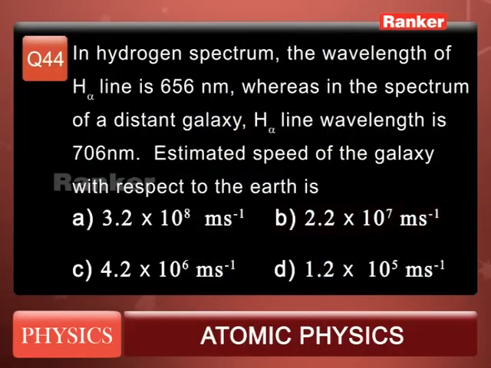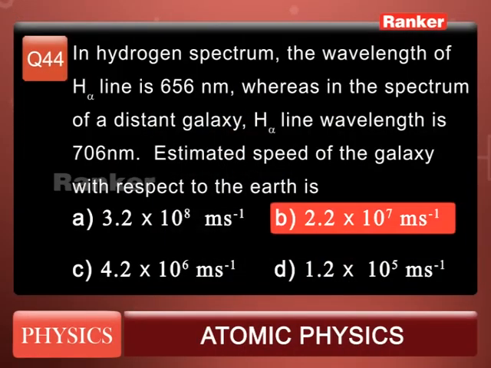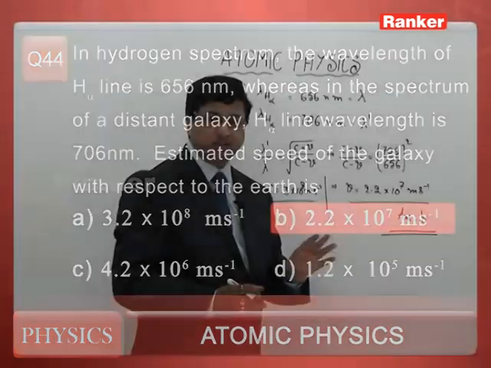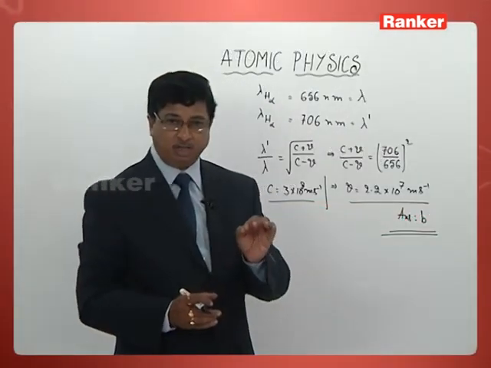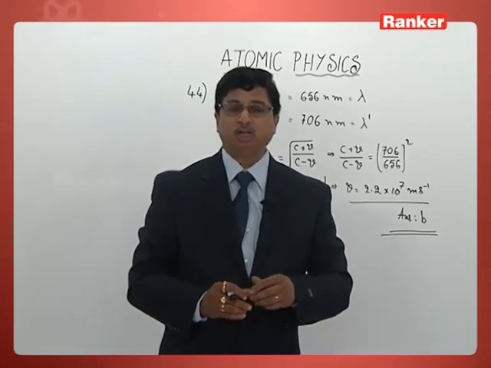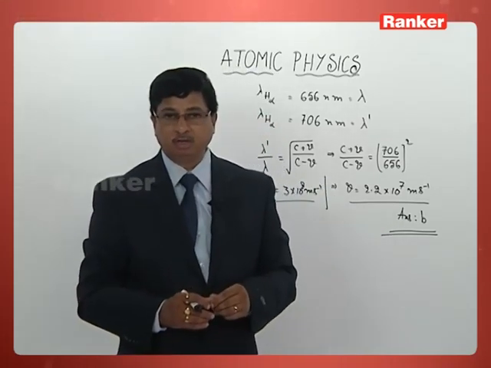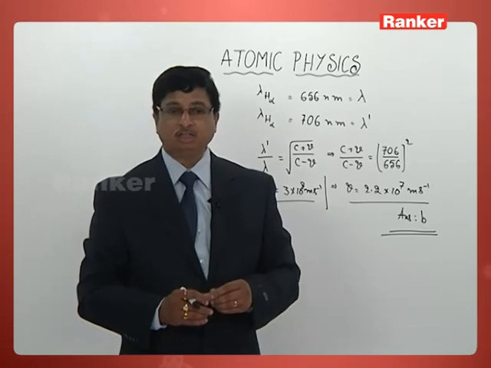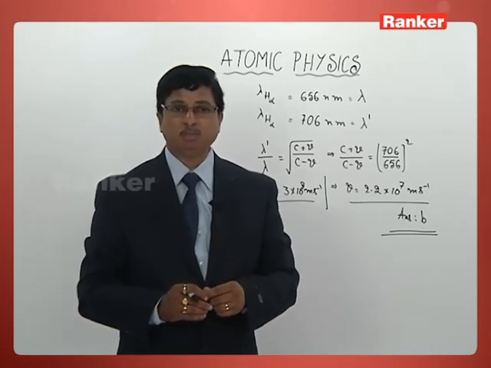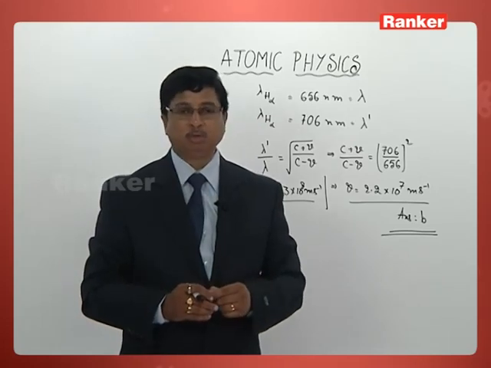Therefore, the correct answer for this particular question is B. The only point is the calculation is a little lengthy, not difficult. Remember that. So definitely you can work it out, and it's 2.2 into 10 power 7 meter per second, which is the estimated speed of that galaxy. That is problem number 44 we are having here.